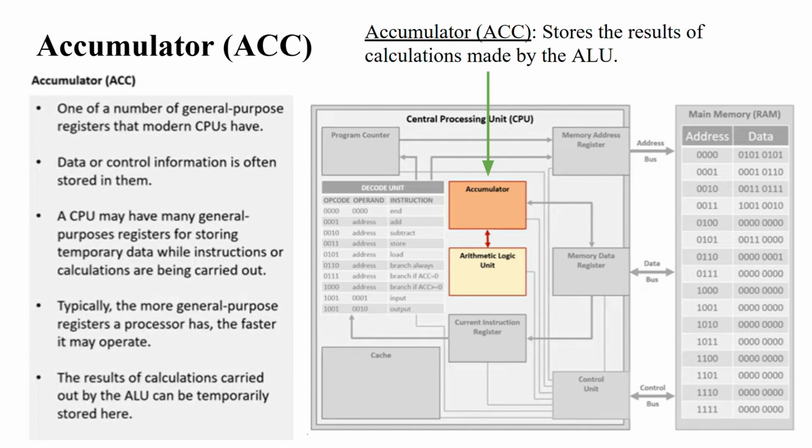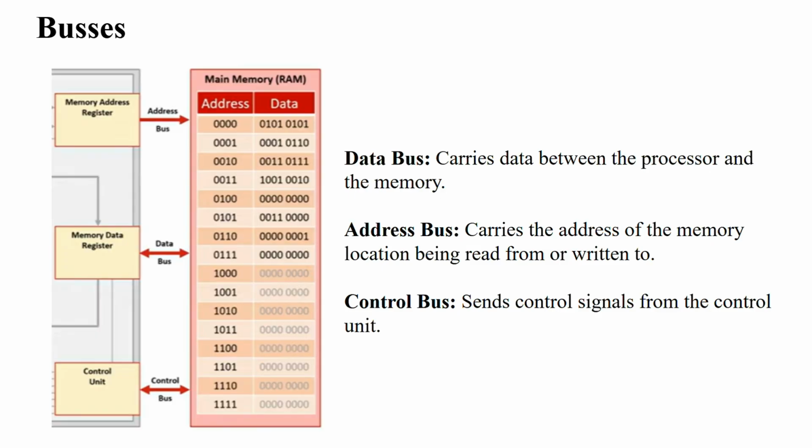The accumulator stores the results of the calculations made by the arithmetic logic unit, as we went over, but it can also be replaced with general registers. Buses. There are three buses that we need to know about. The data bus. It carries data between the processor and memory.